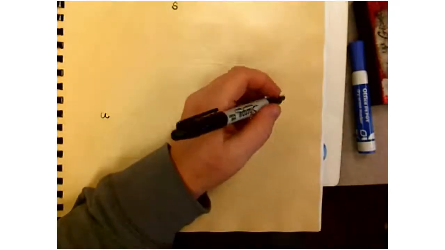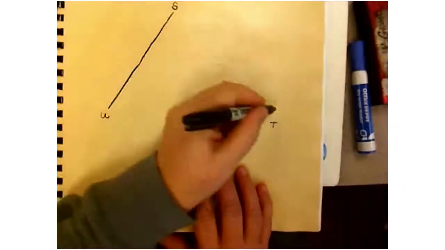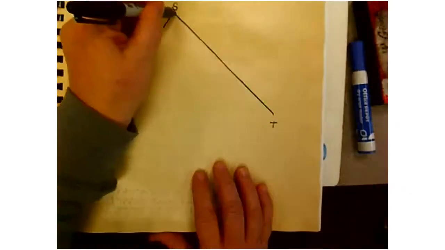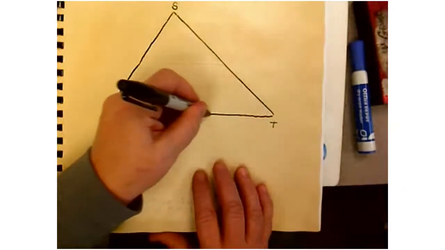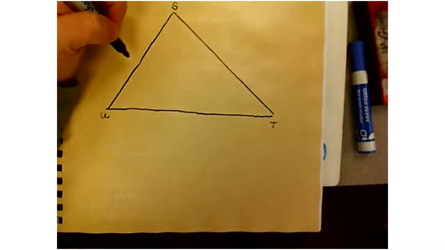So we have a top vertex of S, a bottom left vertex of U, a bottom right vertex of T. That's the big outline of your outside triangle, STU. And then on each side is a midpoint that when you connect it to the side opposite, you create this parallel line.